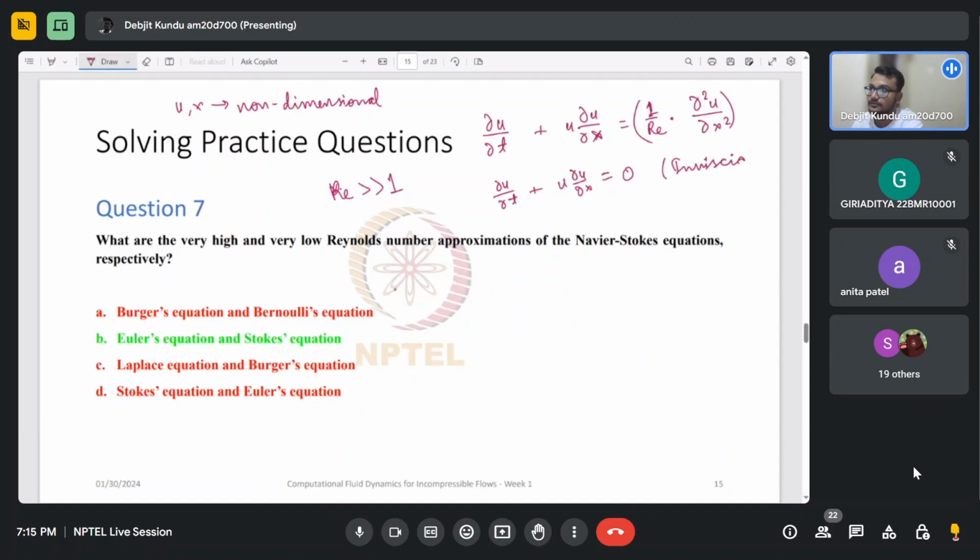There is no viscosity here. And this form of equation is known as Euler's equation, because if you remember, Euler was the first person to find the governing equation for inviscid fluid flow, right? And upon integrating it, we get Bernoulli's equation.